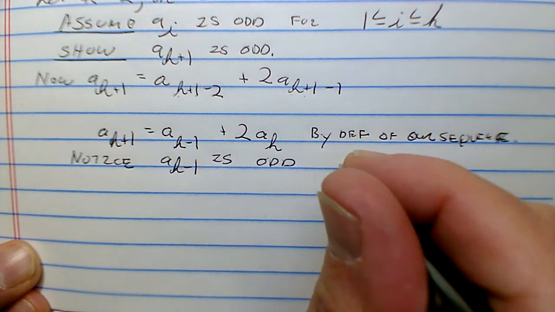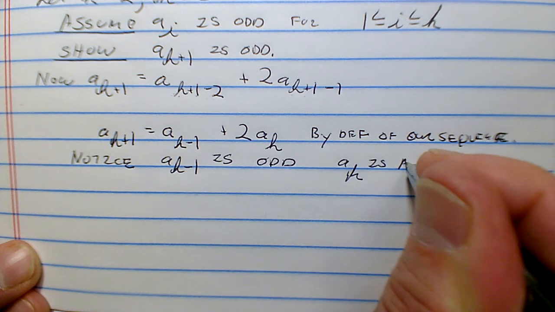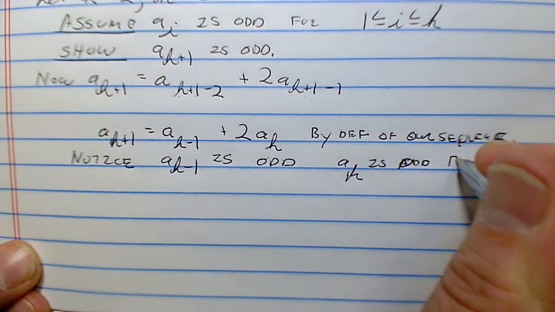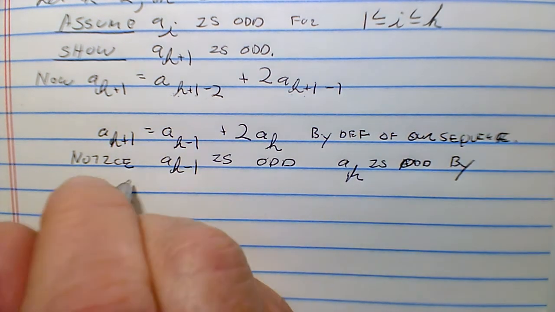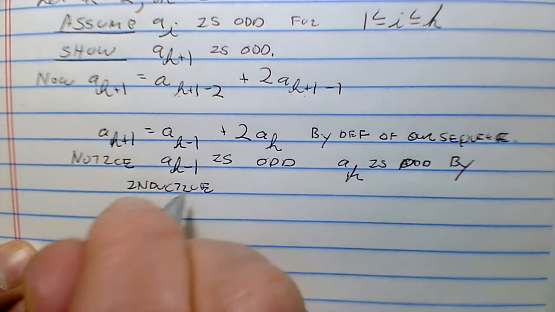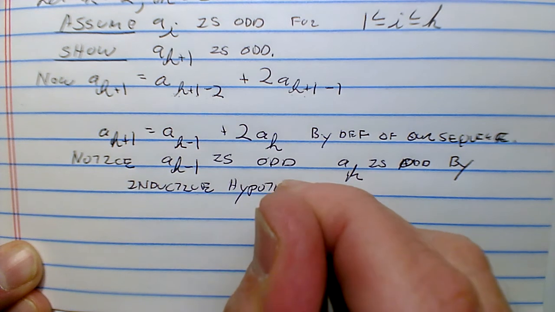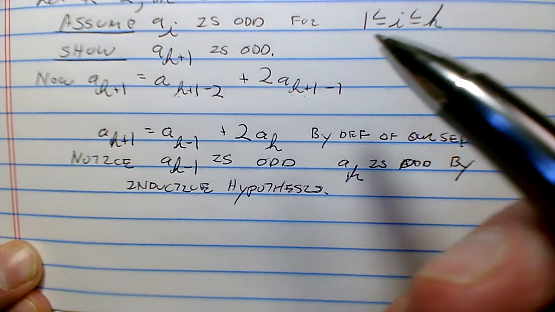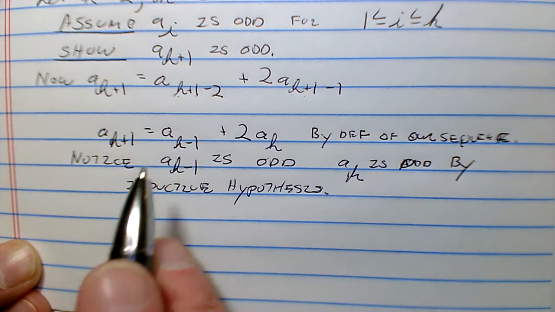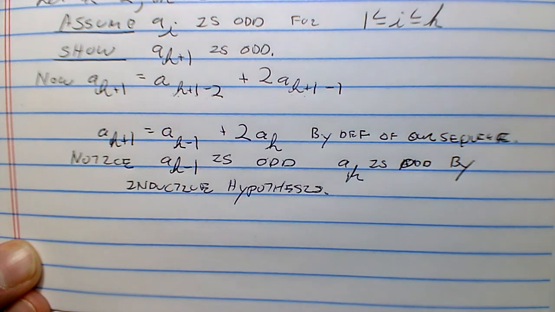And since it includes k, a sub k is also odd. This is by our assumption, which we can call the inductive hypothesis. It was the hypothesis in this if-then statement. We need to show at the conclusion that the entire expression is odd.